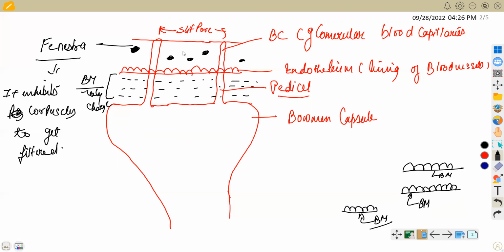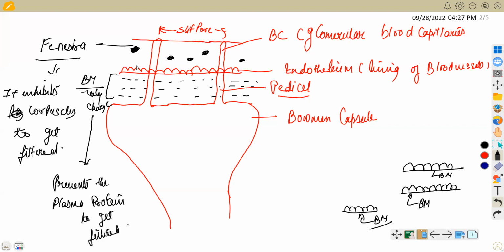Blood inside the capillaries has blood protein also, plasma protein. There are several plasma proteins which are again negatively charged. So what is this basement membrane doing? It is preventing protein structure, like plasma protein, from getting filtered.